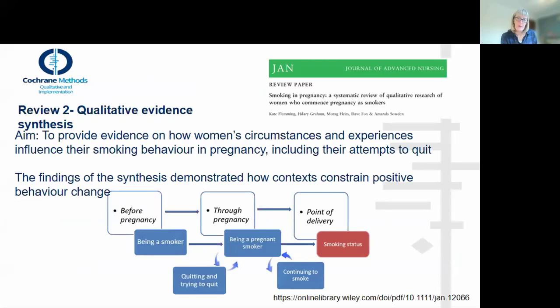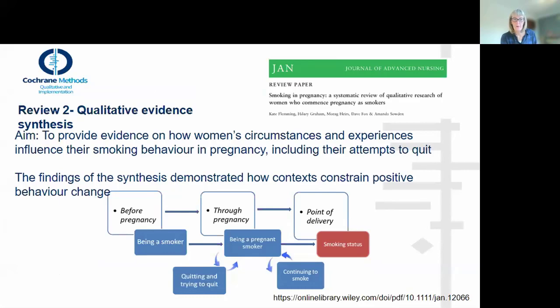So that was the precursor, the first review that then led to the second review, where we did a qualitative evidence synthesis which sought to provide evidence on how women's circumstances and experiences influenced their smoking behaviour during pregnancy, including their attempts to quit.